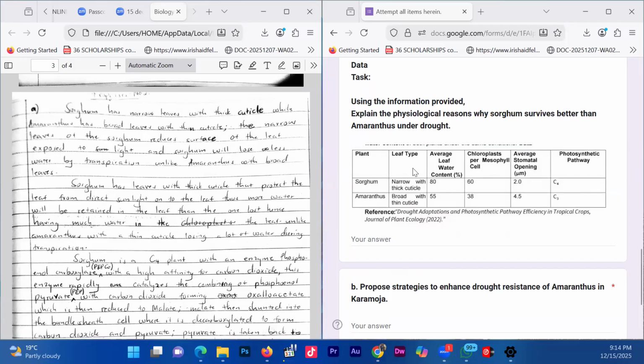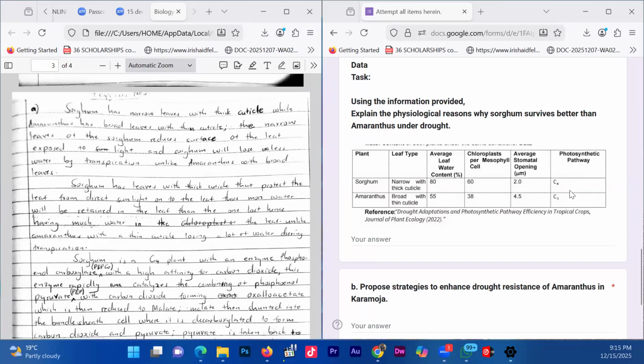You have sorghum: leaf type, narrow with thick cuticle. Average leaf water content is 80%, meaning the sorghum has more water content than the amaranthus. Sorghum has more chloroplasts in the mesophyll cells, and more stomatal openings.